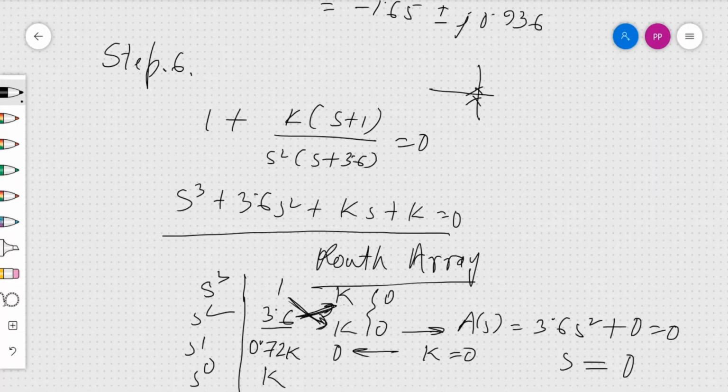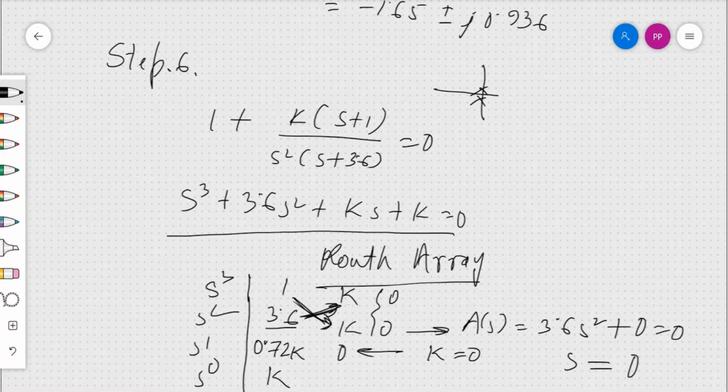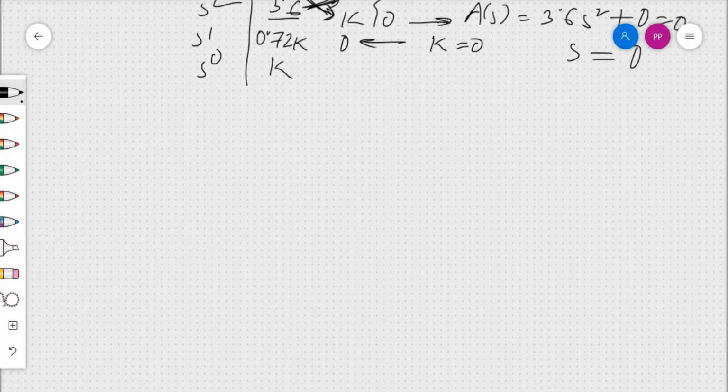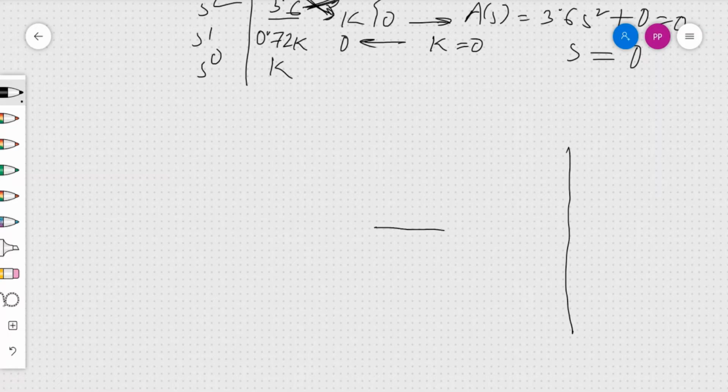So we understand that the root locus could be drawn like this. We have seen that this is the sigma and j omega axis, and you have a double pole at the origin, a zero at s equal to -1 and a pole at s equal to -3.6.